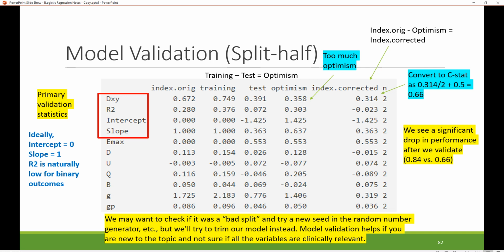So maybe you take 500 of 1,000 rows, and you develop your model on that random 500 rows of data. And then once you have developed the model, you test it out on that second half, the other 500 rows of data.